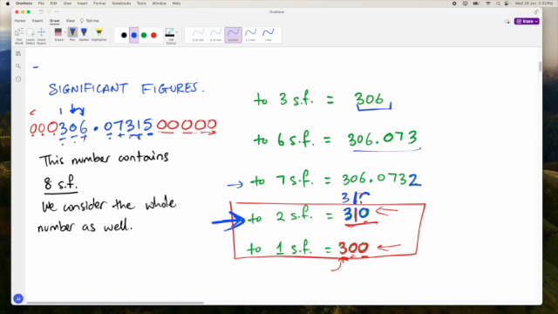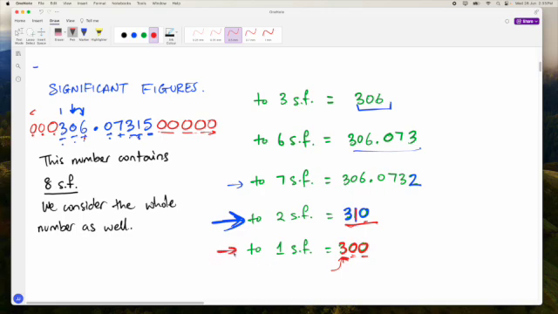So we have to make sure this 0 here is significant. Any zeros that you have before the decimal point are definitely significant, because that's the difference between $300 and $3 million.